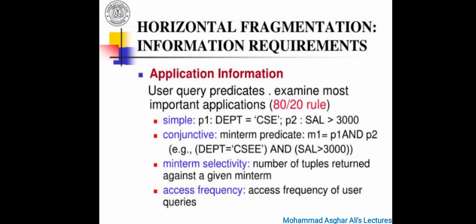Like this is the example: simple predicates P1 department equals CSE, P2 sales greater than 3000. Conjunctive means min-term predicates, if P1 equal to this and P2 equal to this, like this conjunctive. It shows min-term selectivity, the number of tuples returned against a given min-term, and access frequency of user queries. This all comes under application information.